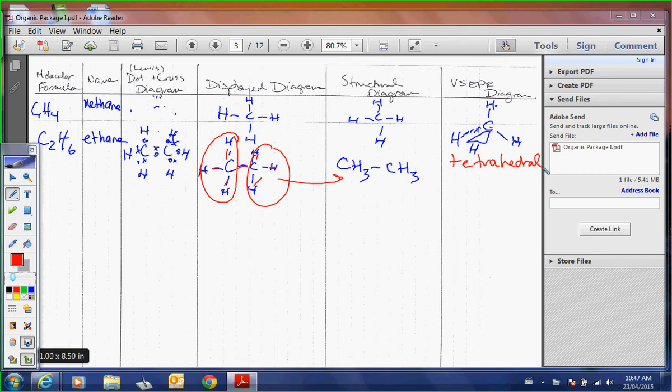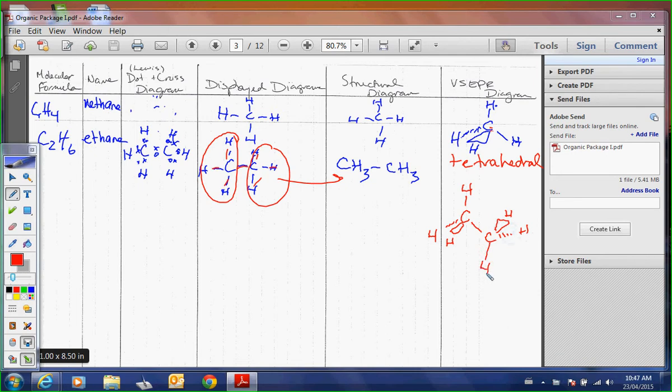Okay, so tetrahedral. So the Vesper diagram for ethane would look like this. C with a stick. That is that C. This is a dash and wedge over here. Everybody okay with that so far? And then off of this carbon, I would also have a wedge and a dash and a stick coming out.